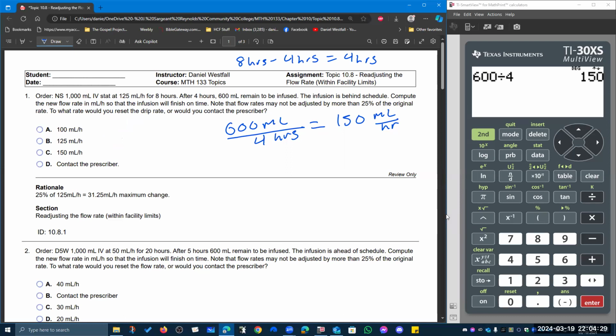So 125% of the 125 is 156.25. So we're within tolerance there, and we can adjust it to 150 milliliters per hour without having to ask additional permission. All right.